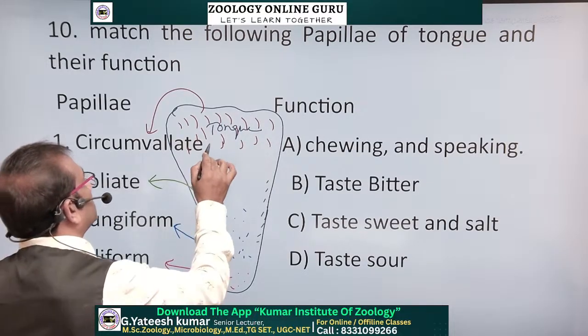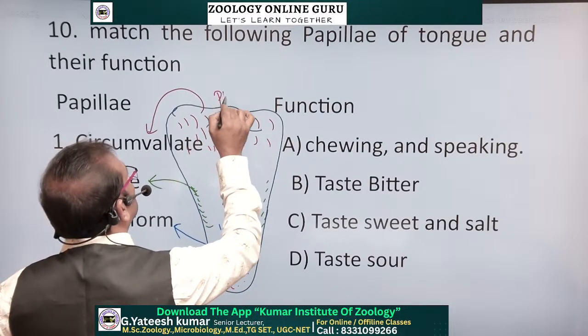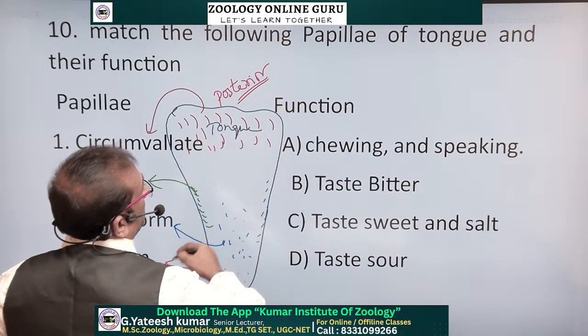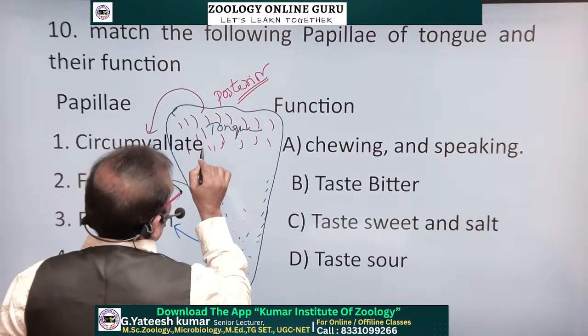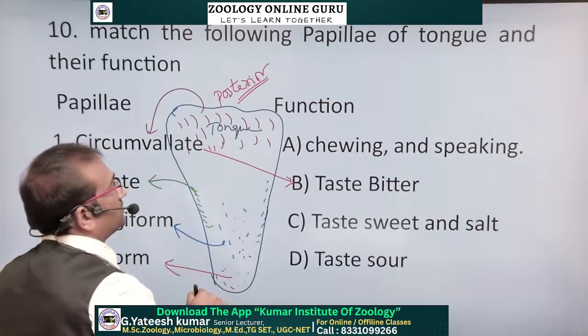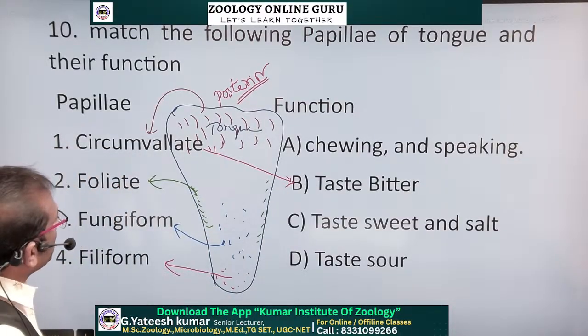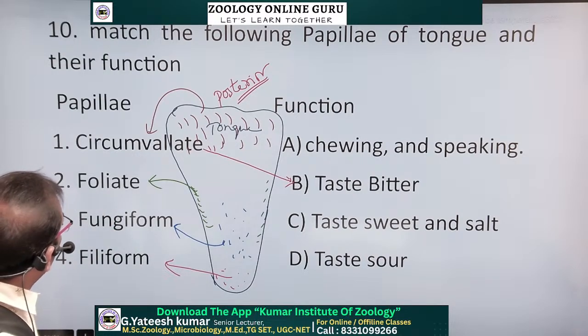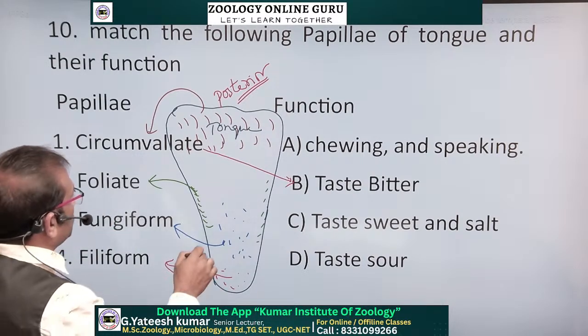Circumvallate papillae are present at the back, the posterior of the tongue, and they are for bitter taste. Next, foliate papillae are for the taste of sour.